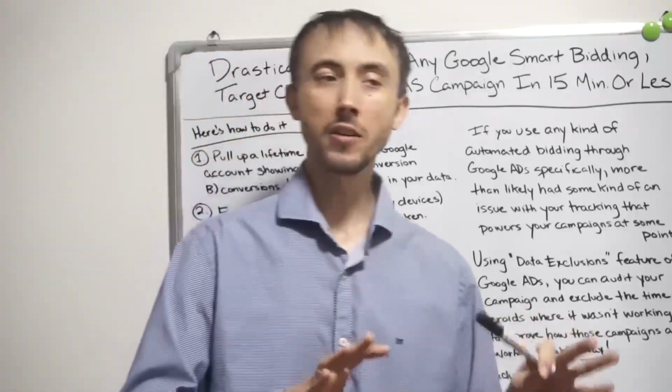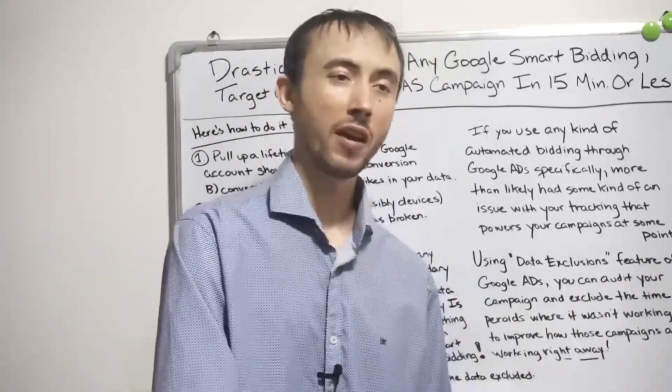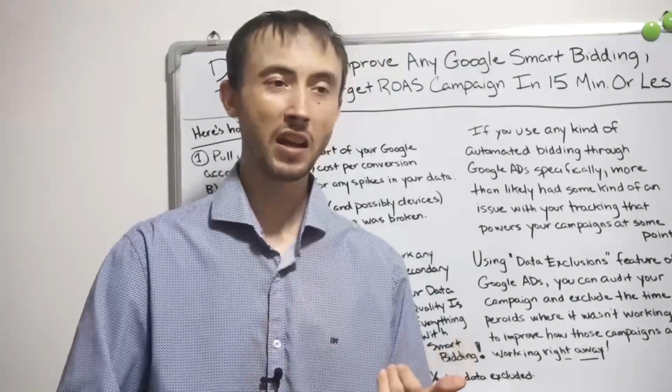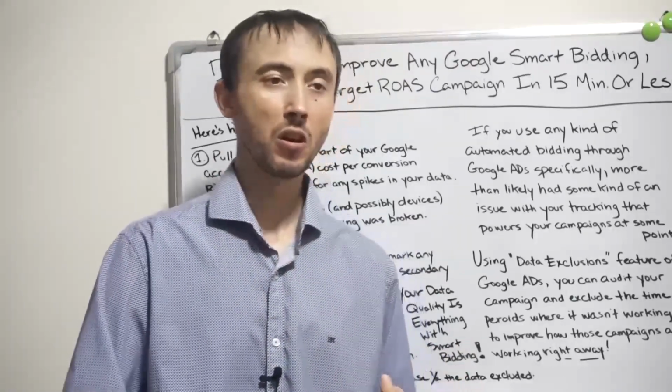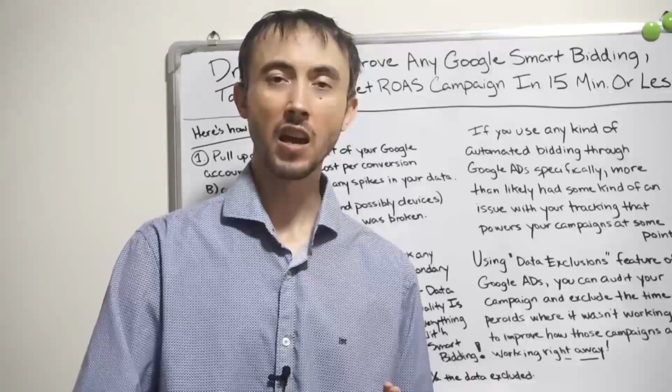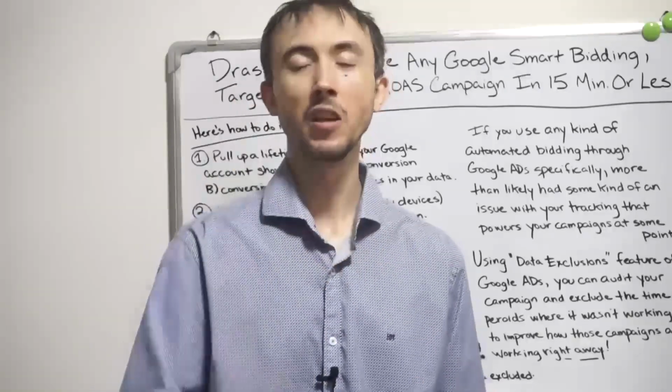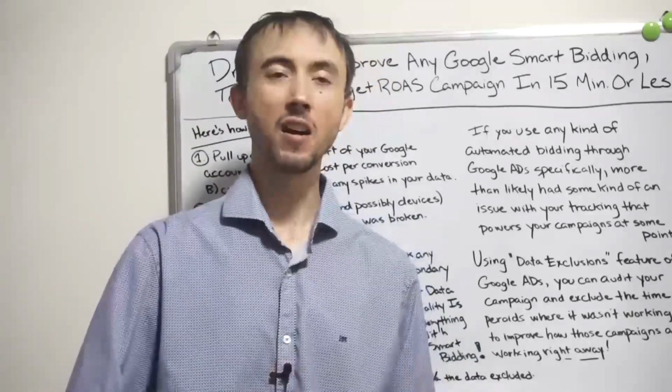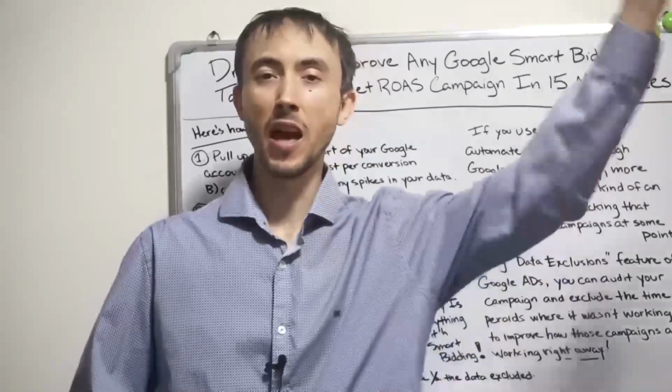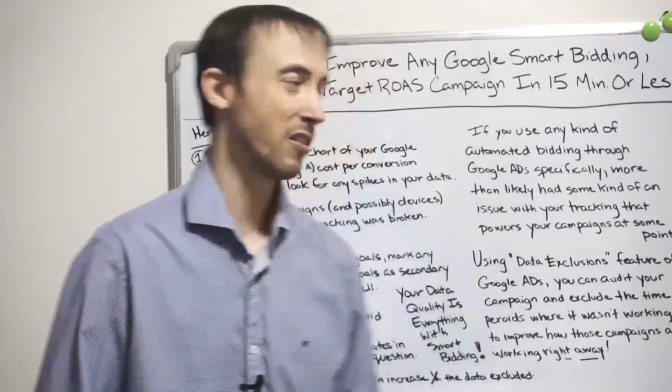Now here's the thing a lot of people don't recognize. If you know how to set up the tracking and you know how important it is to your results, and you check your tracking semi-often, and you see it breaks and you get it back on, you're already ahead of 95% of everybody else.